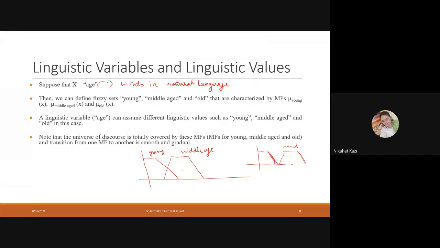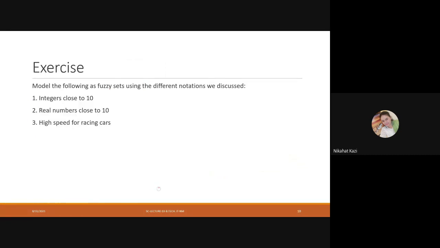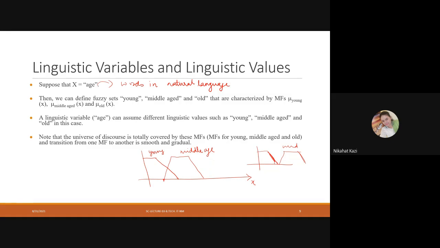There'll be some overlap. So some values from the universe of discourse, these X values, will be in an overlap. The values of X which are part of young will also be part of middle age, but the membership will change. For example, this data point of X has some membership in young, and in middle age it is 0.